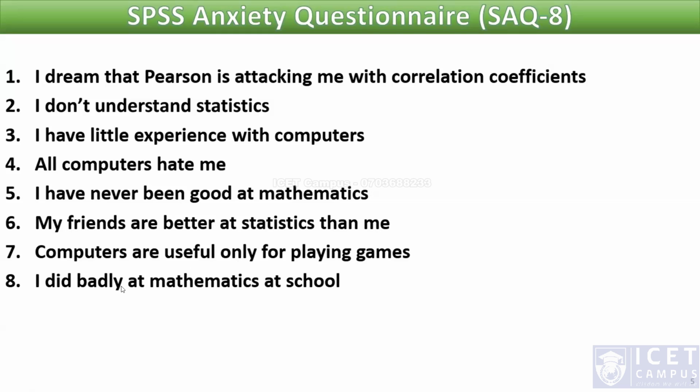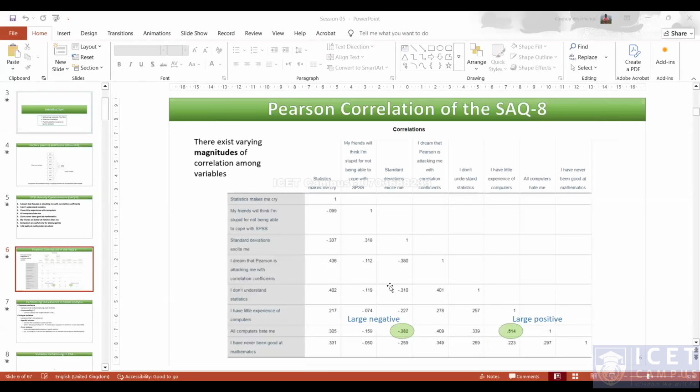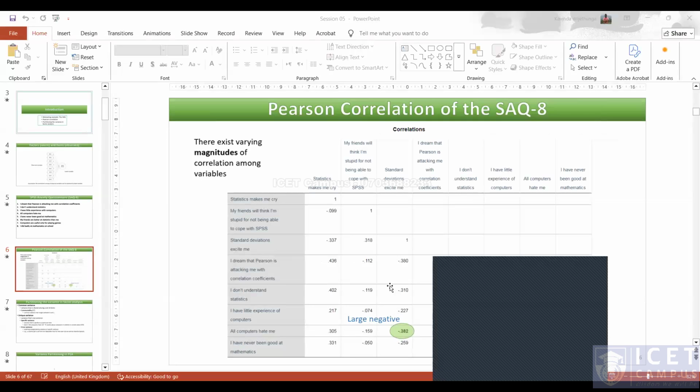So these questions are given in the questionnaire. These 8 questions are there. Statistics makes me cry. My friends think I'm stupid.